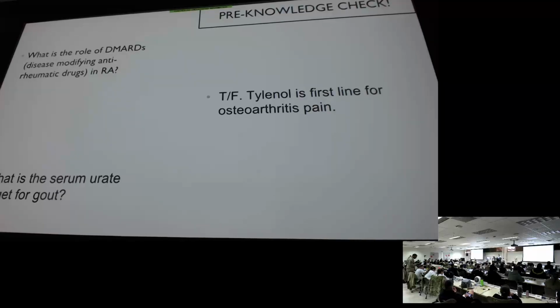If not, then we're going to try acetaminophen. So it's conditionally recommended. And then lastly, what's the serum urate target for gout? 6 milligrams per deciliter, and you're going to get that as we move through the lecture. Sometimes we say 5 if there's tophi present, but I'll bring that up when we get to it.